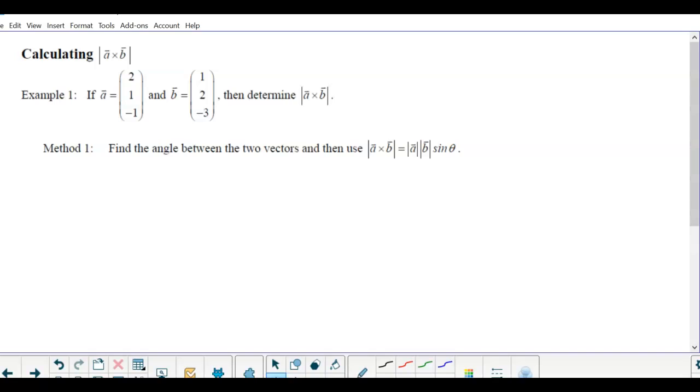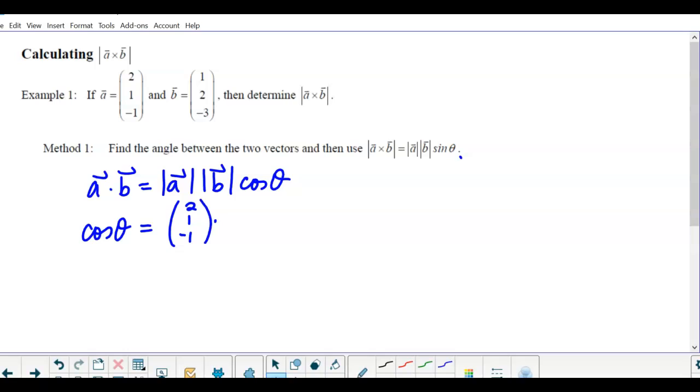Okay, so find the angle, so using this definition, the angle between two vectors that we know from before is the dot product. All right, so in this case, cosine of theta is the dot product, so 2, 1, negative 1. Okay, gonna keep it exact.